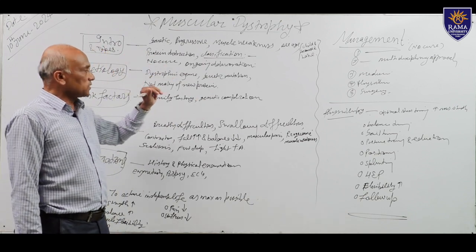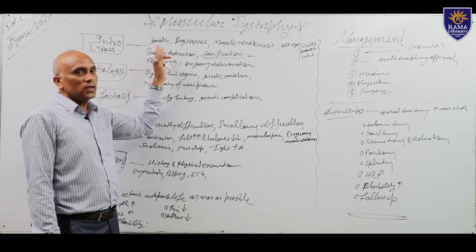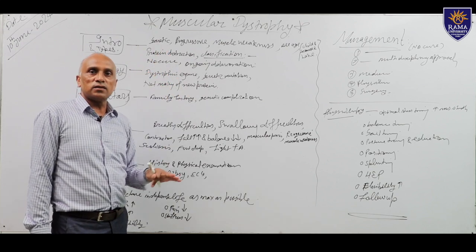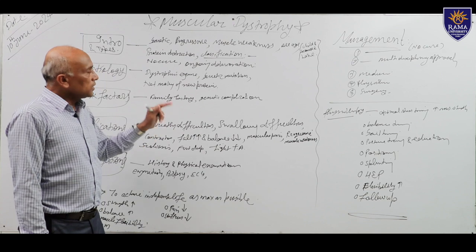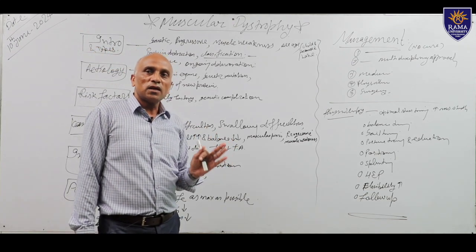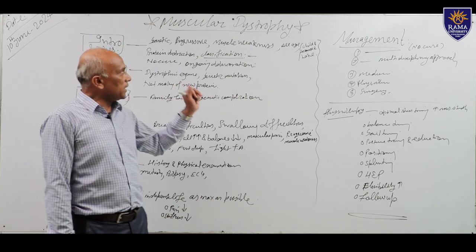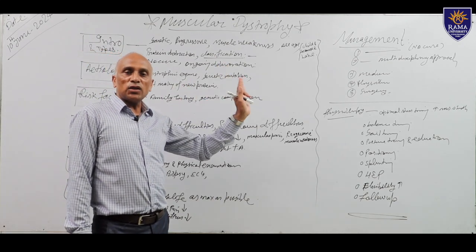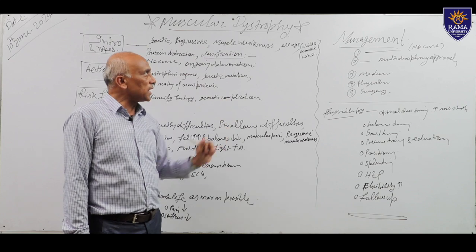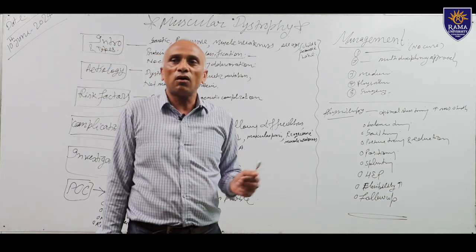So what is this condition? Mostly we find that it is a genetic disorder, and it is always an ongoing process, meaning it has a progressive course with continuous muscular weakness. This condition can be found at all ages.